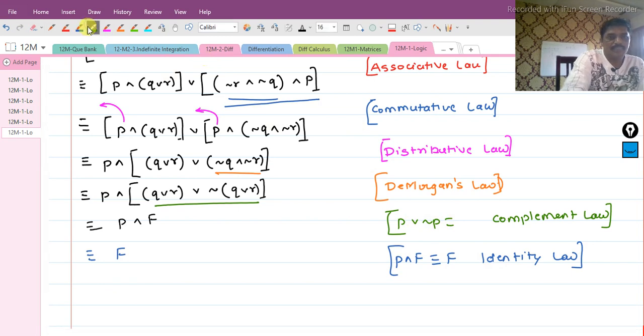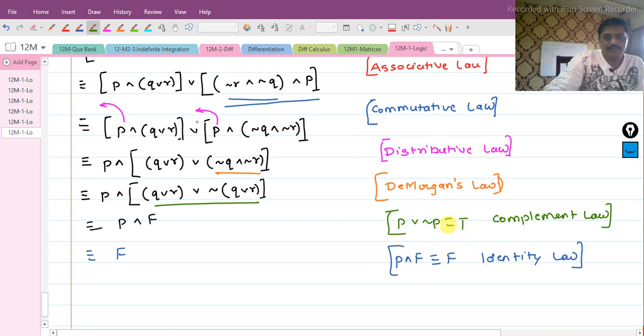It's true. और अगर यहाँ पे true है तो इधर क्या आएगा? This is true. And P and true. अगर P true है तो true and true is true. P false है तो false. So this is P. This is identity law. So that is equal to only P.